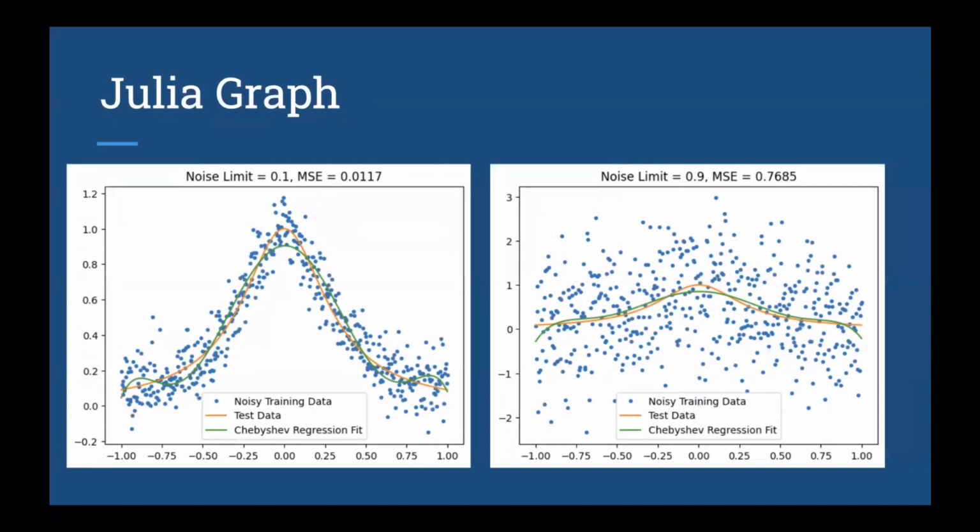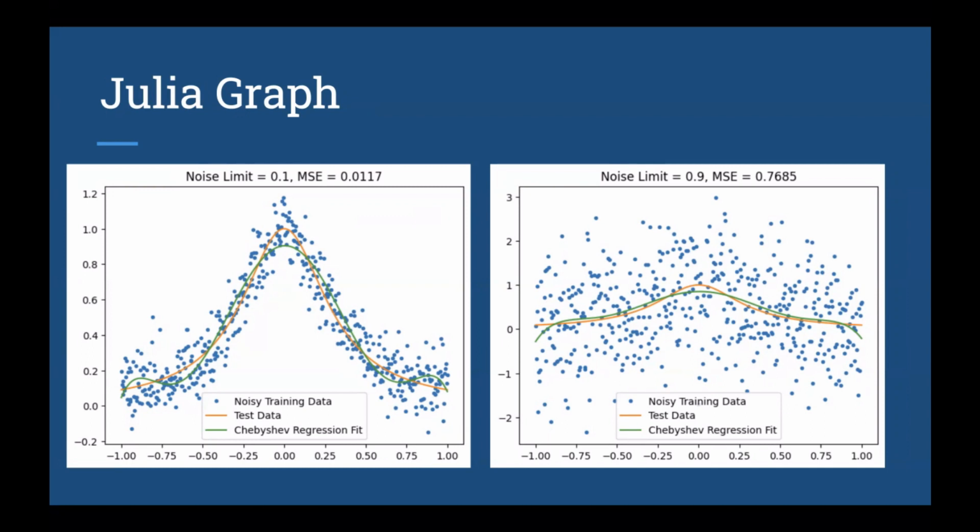And you can see that the 0.1 noise limit created a graph that's very similar to the one that Python created. But the difference comes in when you're looking at the mean squared error. We had a mean squared error of 0.12 for Python, but Julia is giving us a mean squared error of 0.1. So it's small, but it's a big difference. And there, Julia is more accurate just looking at the mean squared errors.